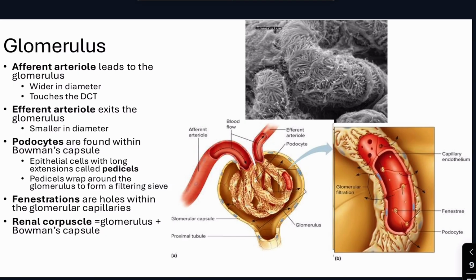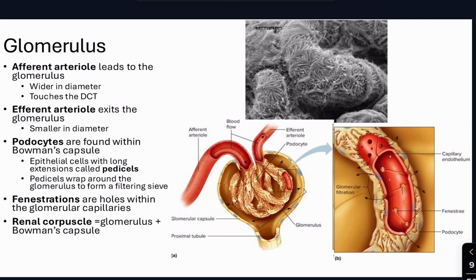So now that we have that down, just be aware that the glomerulus is going to be strictly referring to the bundle of capillaries. The glomerular capsule, aka the Bowman's capsule, is going to be surrounding the glomerulus. There are two different things.